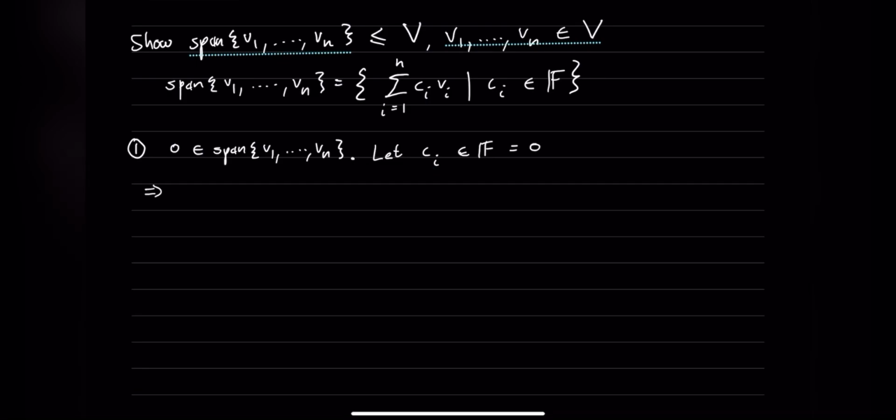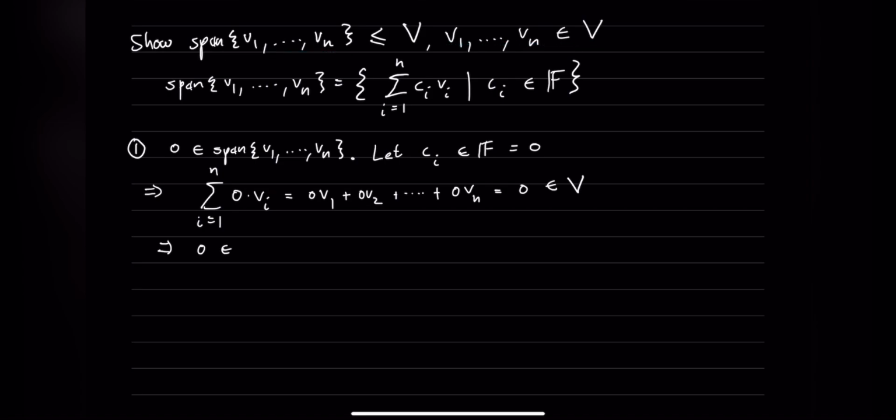Then we have the sum from 1 to n of 0 times Vi, which equals 0 V1 plus 0 V2 plus ... plus 0 Vn, which is equal to 0, and that's an element of the vector space V. So that means that 0 must be in the span of V1 through Vn.